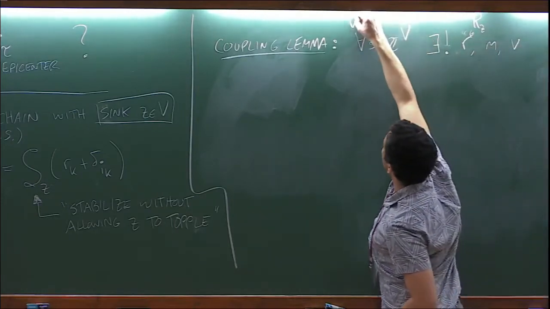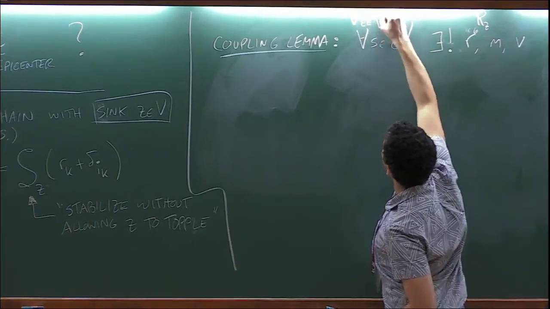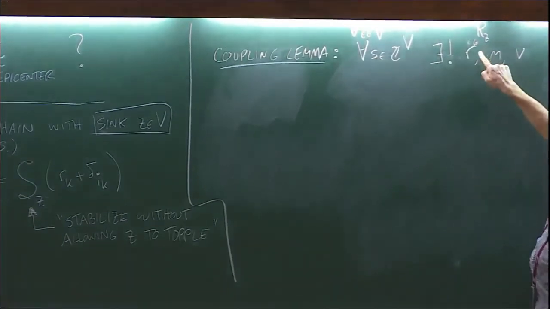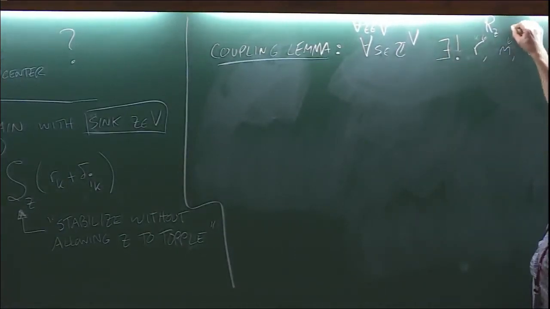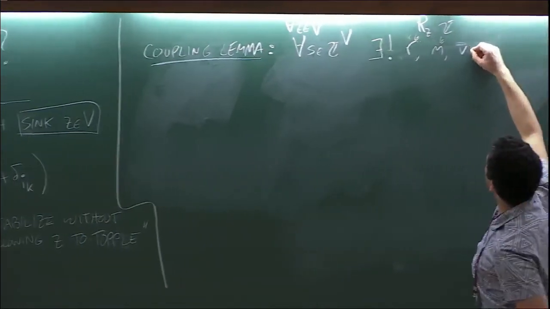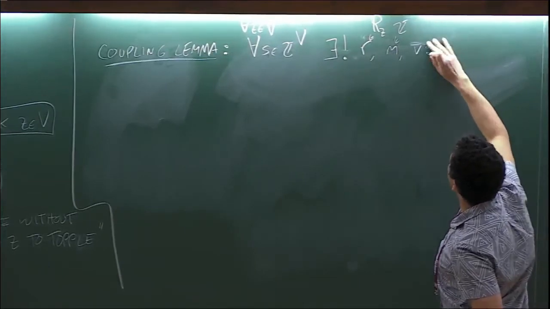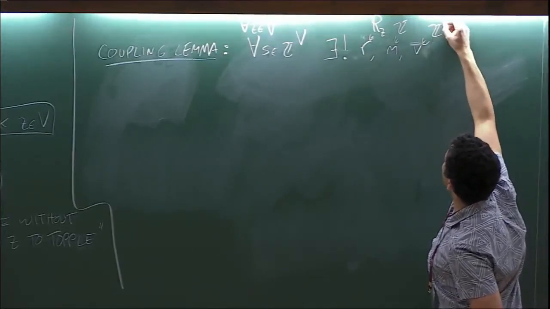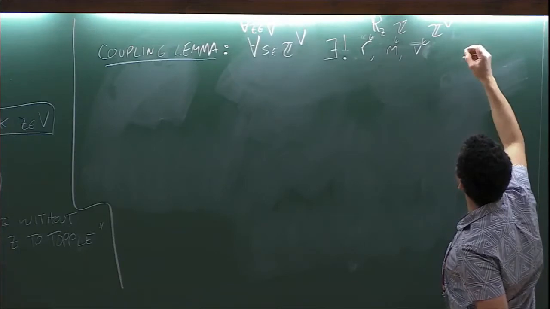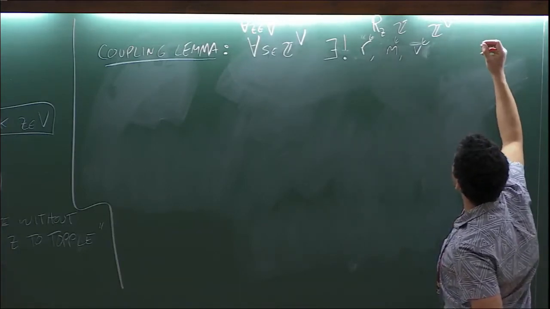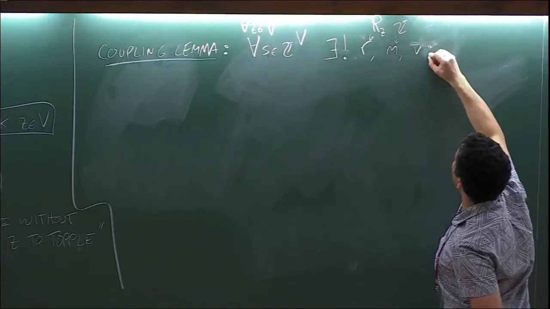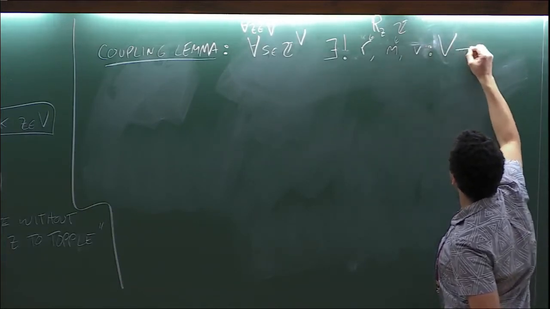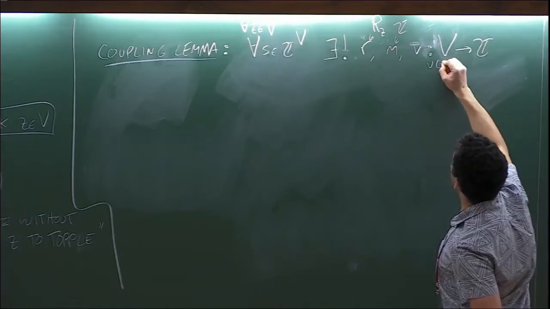So you say, fix a sink vertex and a sandpile S. So R is going to be a recurrent sandpile with respect to that sink. M is going to be an integer, and v, this is a lowercase v, is going to be a function on vertices which takes value 0 at the sink.